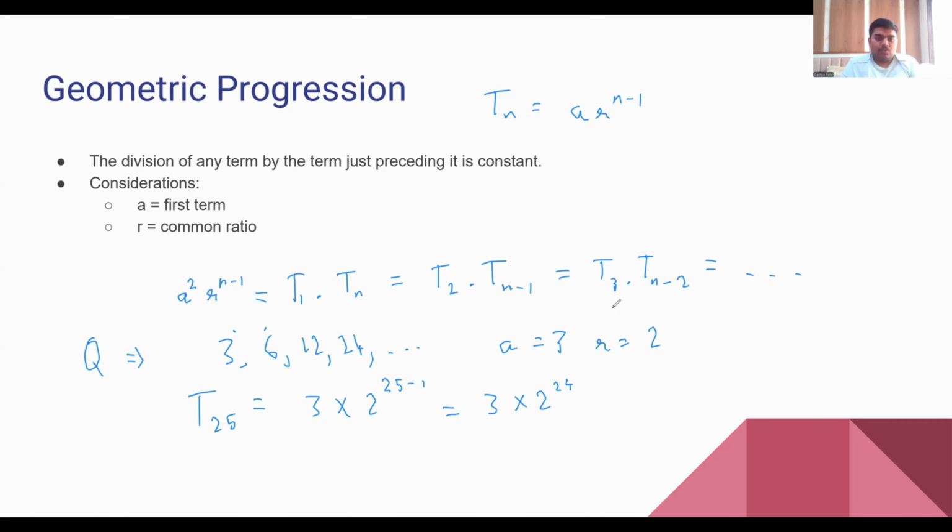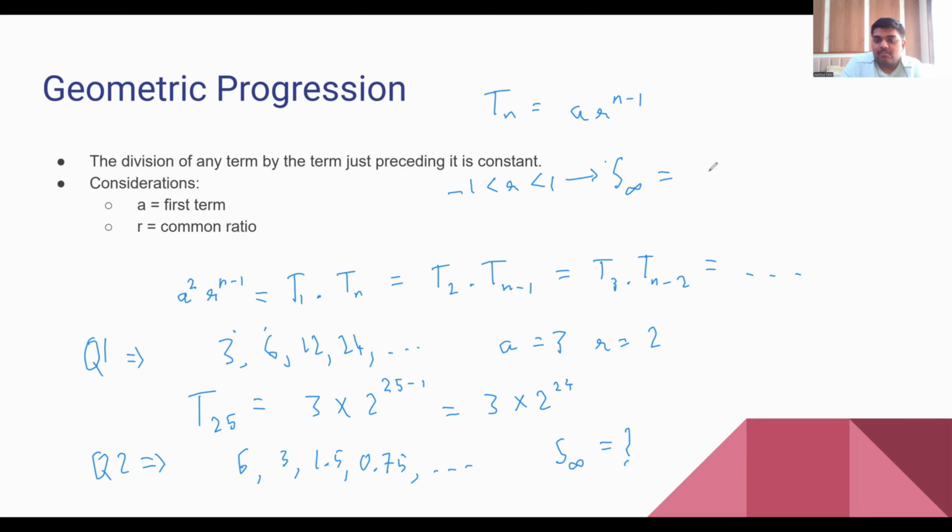Now let us say you have another sequence as 6, 3, 1.5, 0.75, and so on. You have to find out the value of S infinite, right? So the formula for S infinite is valid when minus 1 is less than R less than 1.